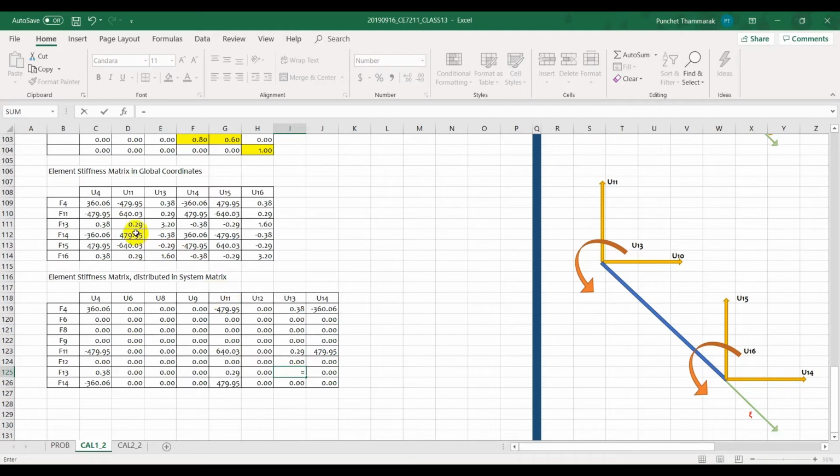And here 13, 13. Okay. Yeah, let me put them in boldface.